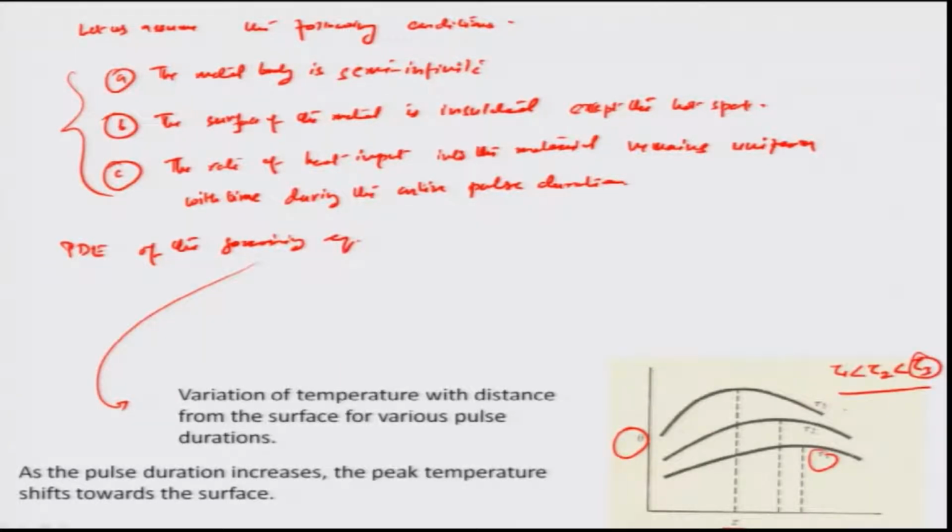T3 is the highest duration of the pulse. The values of maximum temperatures are also different. Okay, so for a lower duration beam pulse, the temperature arrived at is quite obviously lower in comparison to a higher duration beam pulse.